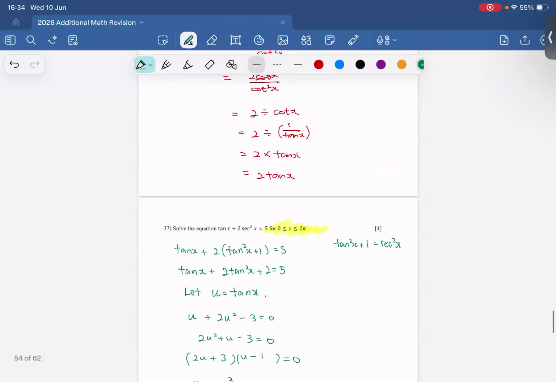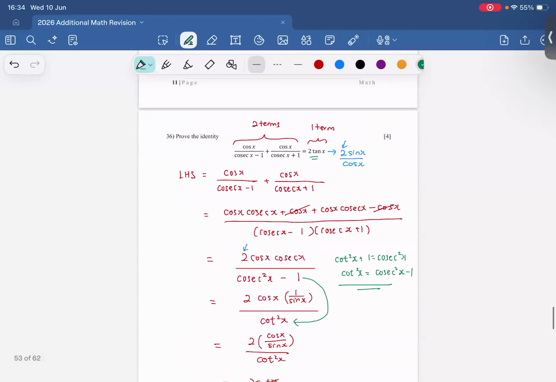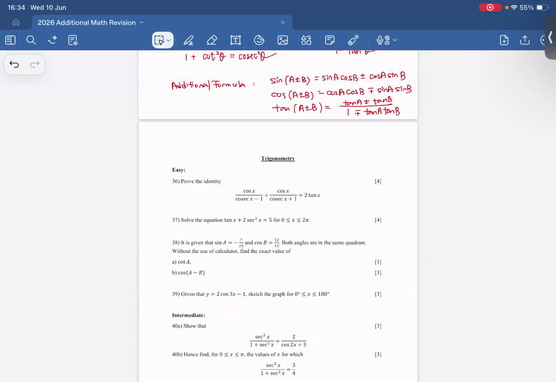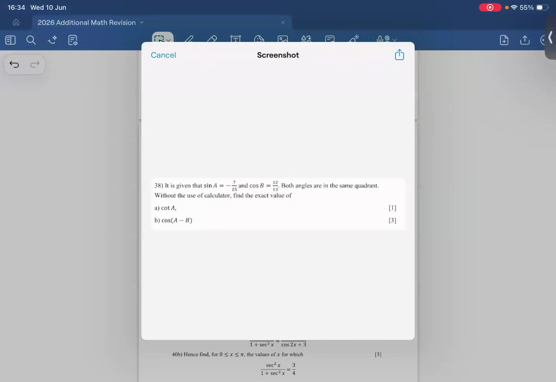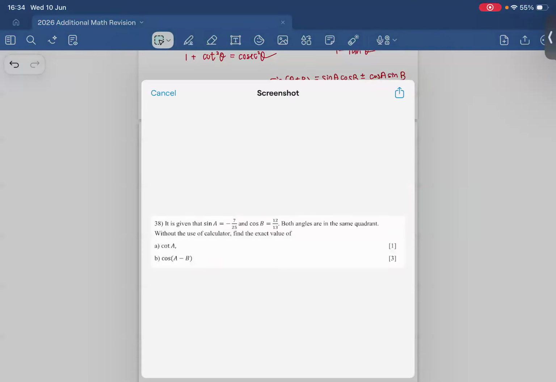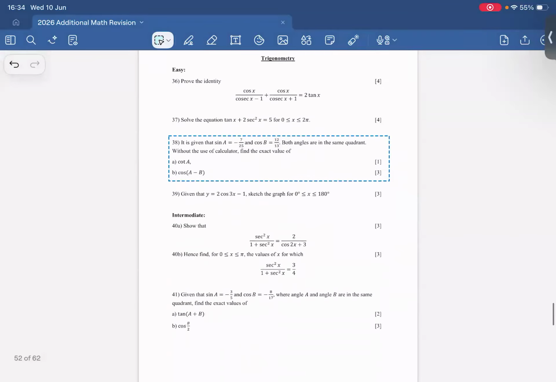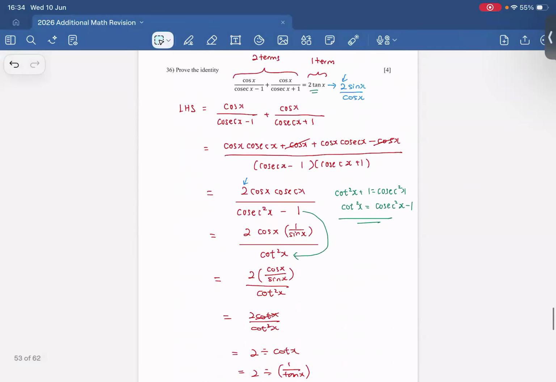Okay, next. I think I finished until the easy one. Then we do the rest the next time.